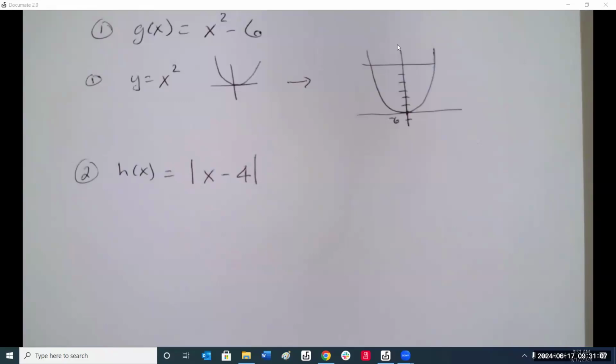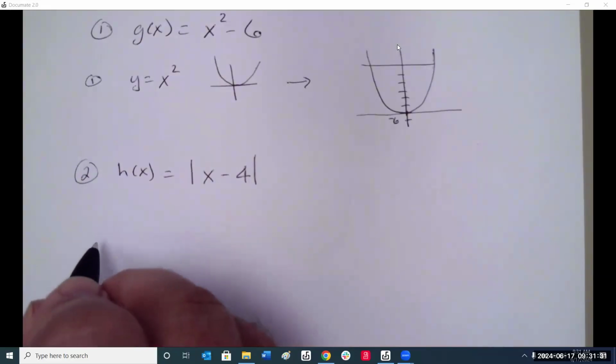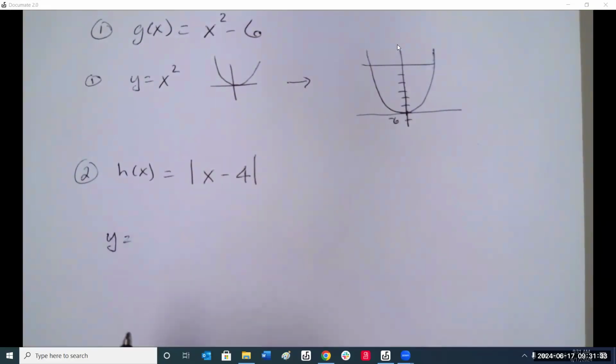How about this one? Is it a vertical or horizontal shift? It's horizontal because it's inside there. So the original graph is what? What's the original function?